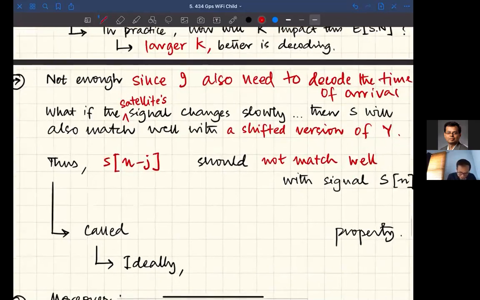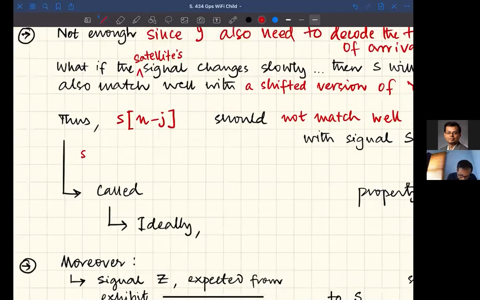So in some sense, we are saying, okay, let me write it this way. Matching S with S shifted should be very bad.